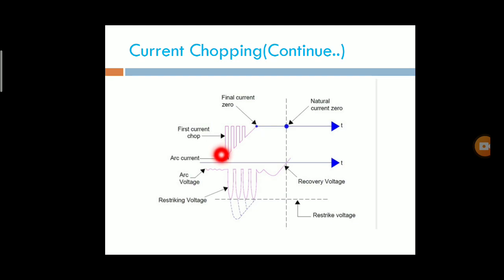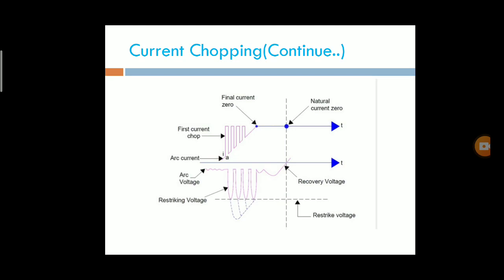The current in the arc was flowing from the source through the inductance and the circuit breaker contacts. The energy contained in the electromagnetic field cannot become zero instantaneously. It changes into some other form of energy.